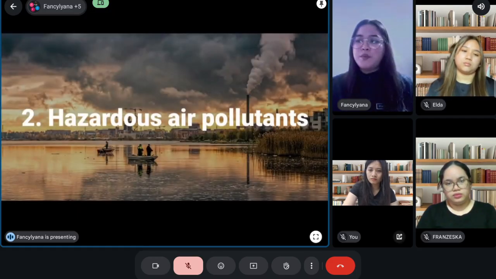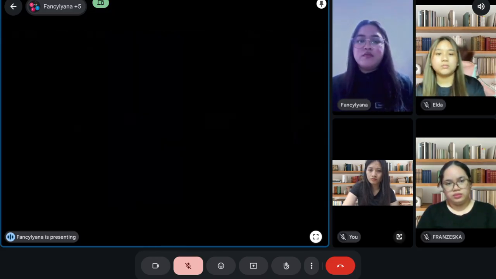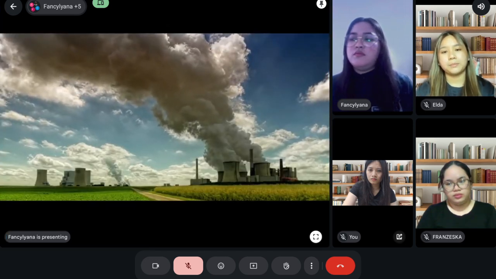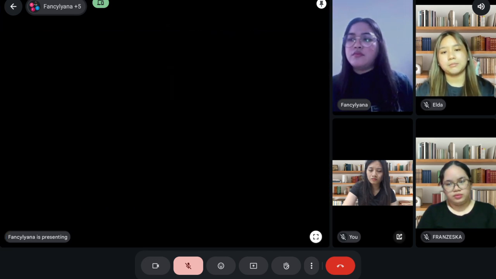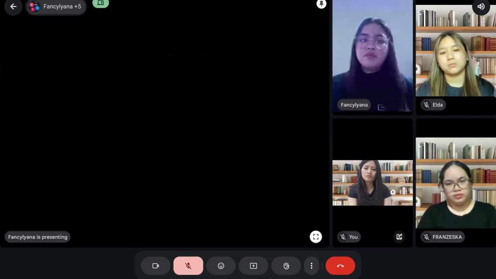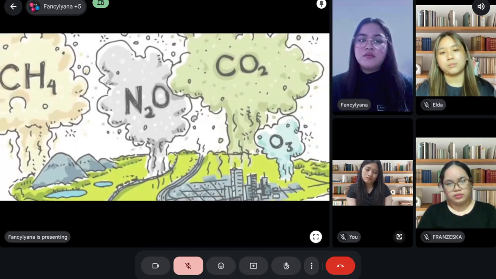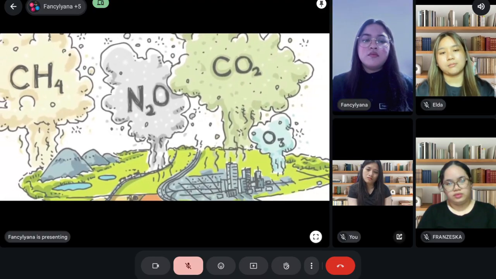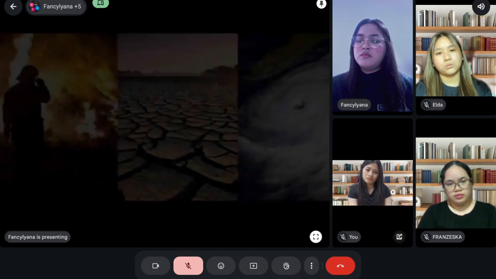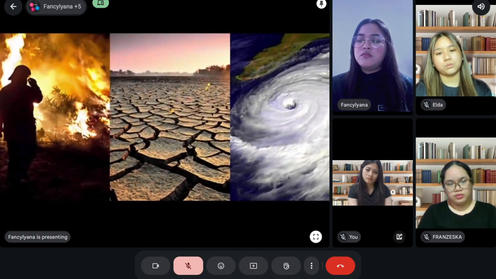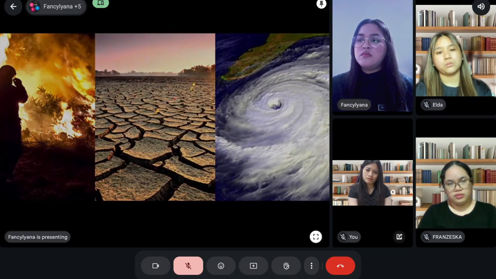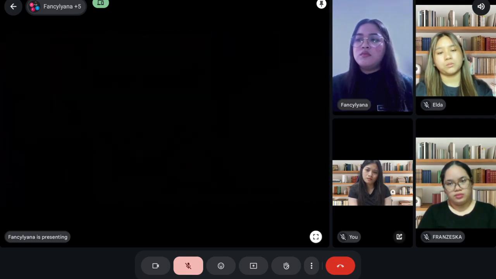Hazardous air pollutants. A number of air pollutants pose severe health risks and can sometimes be fatal even in small amounts. 3. Greenhouse gases. By trapping the Earth's heat in the atmosphere, greenhouse gases lead to warmer temperatures, which in turn lead to the hallmarks of climate change: rising sea levels, more extreme weather, heat-related deaths, and the increased transmission of infectious diseases.